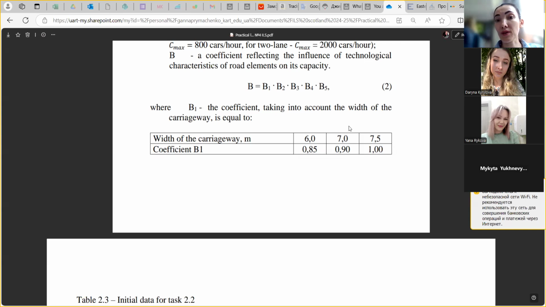Or if you have 7 meters, this coefficient is 0.9. So find this information for you, please, and write only the coefficient: 0.85, 0.90, or 1. This is a coefficient, so it doesn't have any meters, tons, or other units. Only the number.